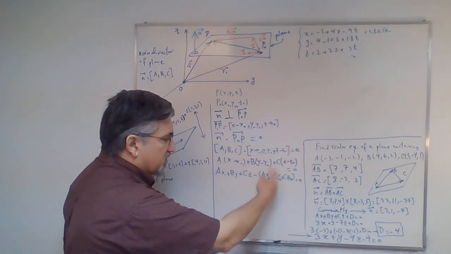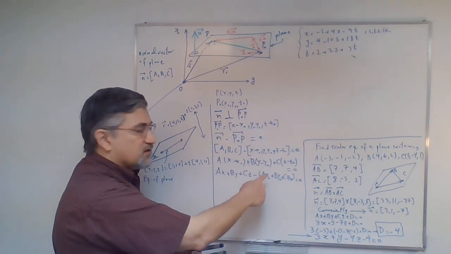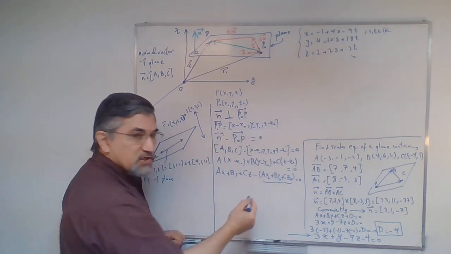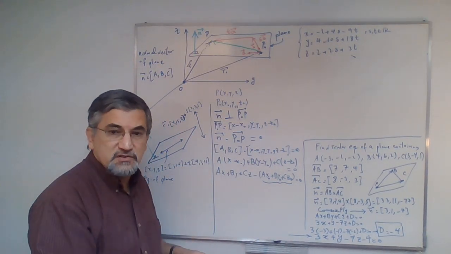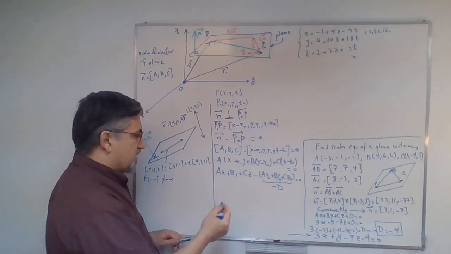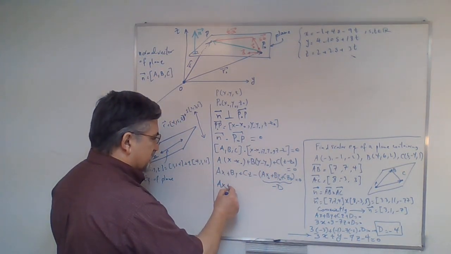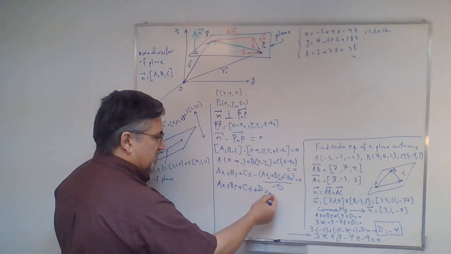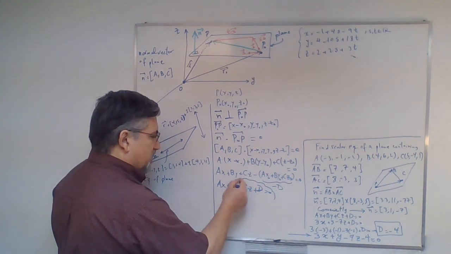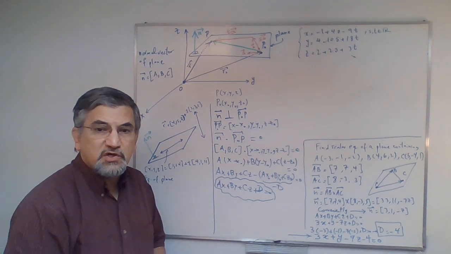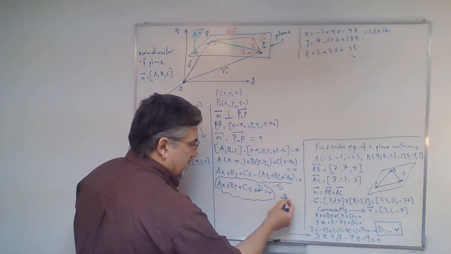So this whole combination here, a times x naught plus b times y naught plus c times z naught, this combination is a number at the end of the day. So this number, I'm going to call it negative d, okay? So we get ax plus by plus cz plus d equals 0. So this becomes the equation of the plane, and we call this scalar equation, okay?